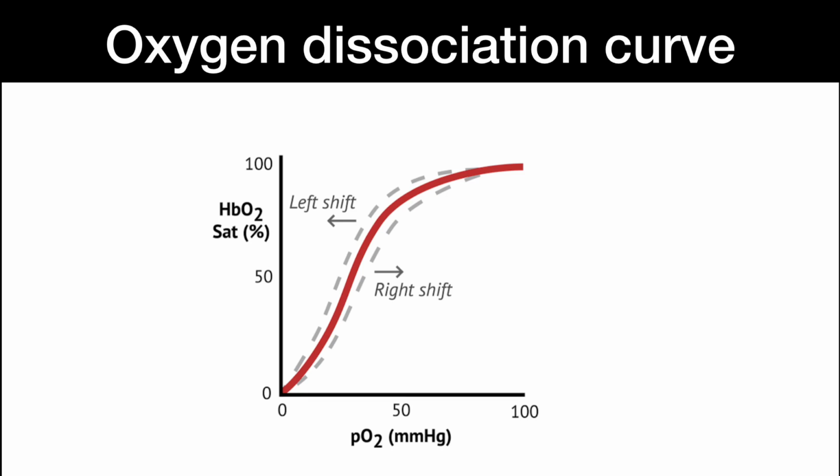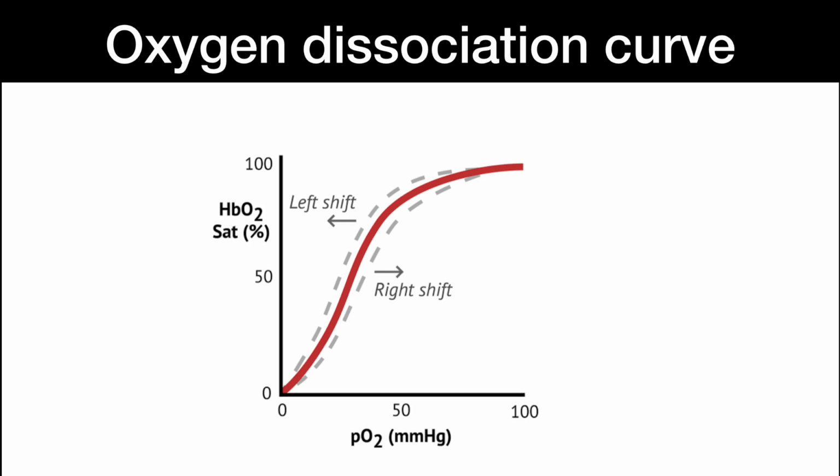The degree of hemoglobin saturation is determined by the partial pressure of oxygen. This varies among different organs of the body, which means the lungs will have a different pressure when compared to the tissues. In the lung, the partial pressure of oxygen is approximately 100 millimeters of mercury.